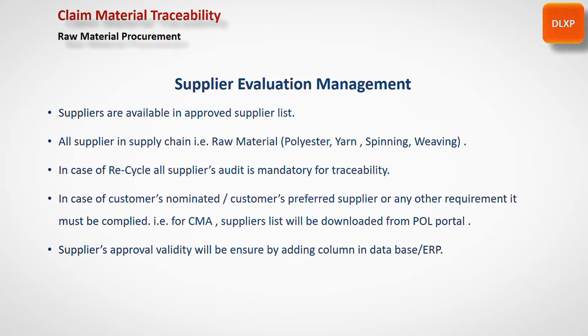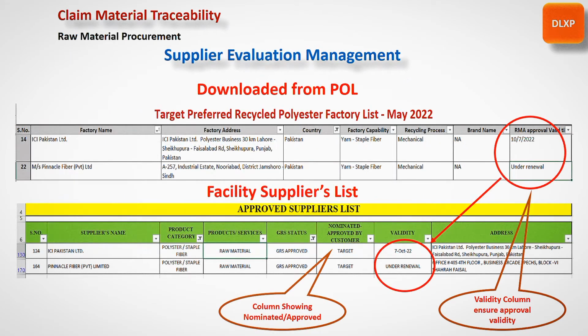Here is an example of the supplier evaluation management. This example is downloaded from the POL. It shows two suppliers of polyester: one is ICI and the second is Panicle Fiber. In the red highlighted column, the last column, is the RMA approval date, where the validity date is very important, and it should be part of your supplier list.